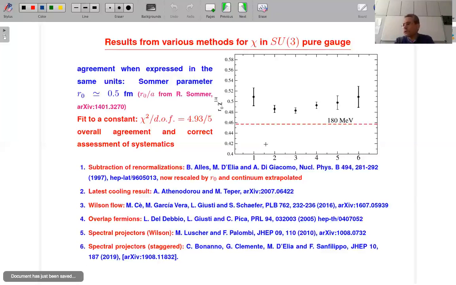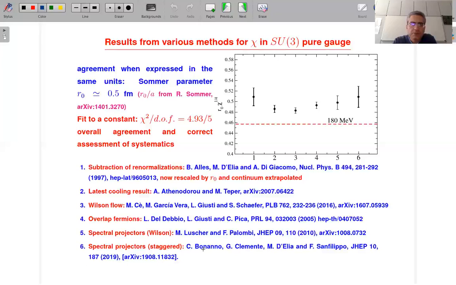It is quite simple, because the purpose of this paper was just to define the spectral projector method for staggered fermions, so we didn't spend much effort on statistics. The main purpose was to have a definition of the method for staggered fermions, with the aim of using it for dynamical fermion simulations.